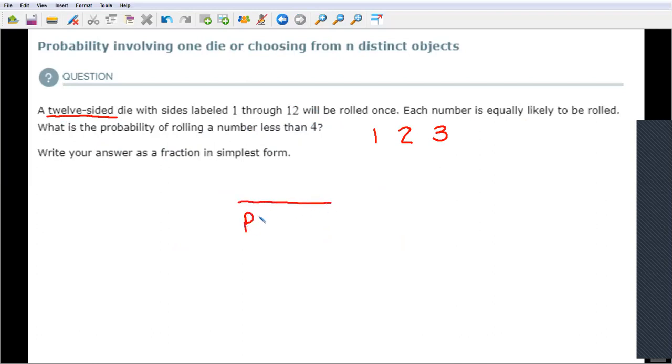So your number of possible outcomes, as we know, would be 12. And the number of outcomes that are successful, so to speak, would be however many numbers we have that are less than 4, which in this case is 3.